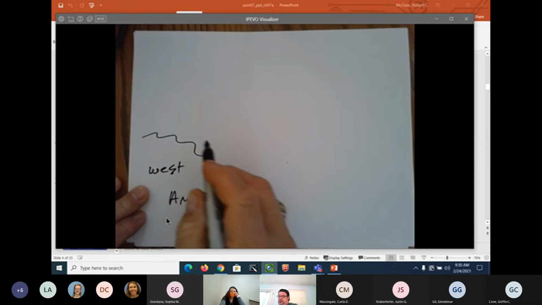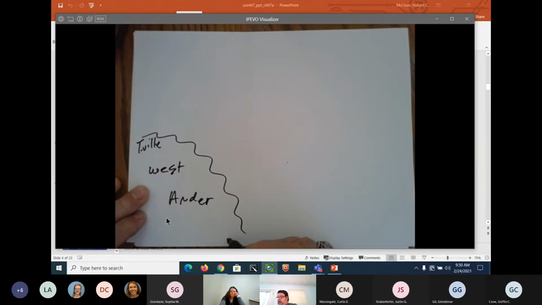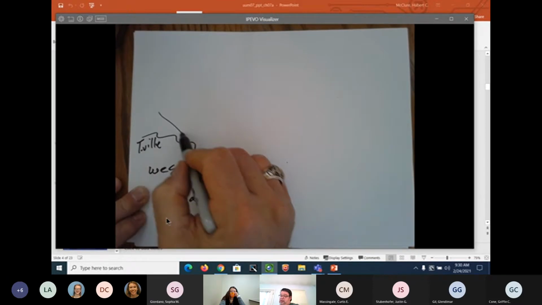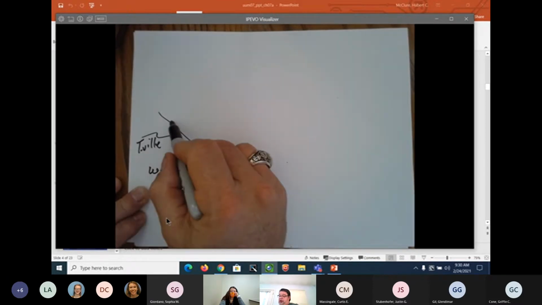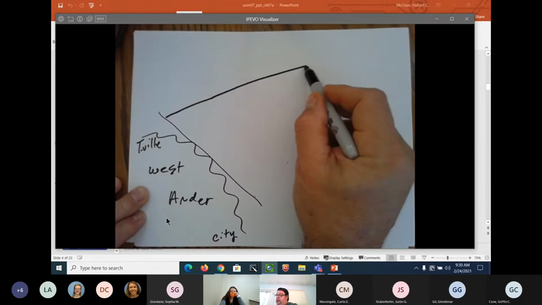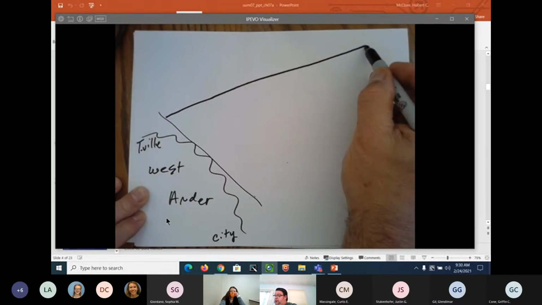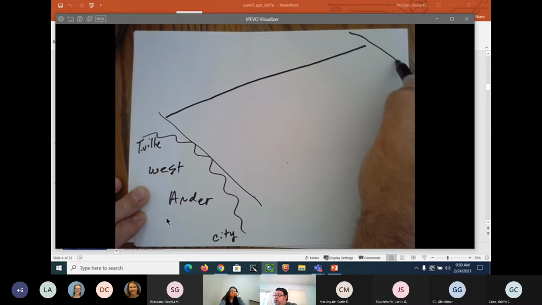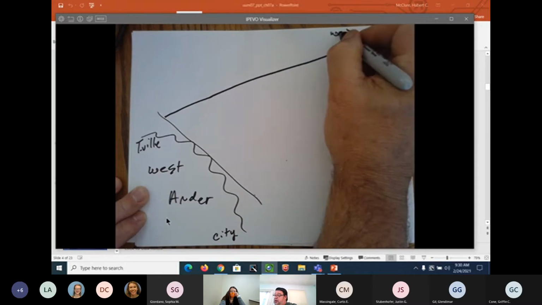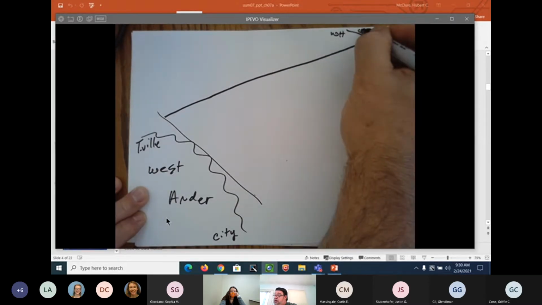Townville's up here, and Anderson City is right here. West Anderson is here, and 24 goes this way. That's 24. And then Wild Hog Road, after you pass the double bridges, goes all the way up to Pendleton. And the Waffle House is right here, and the QT is right there.